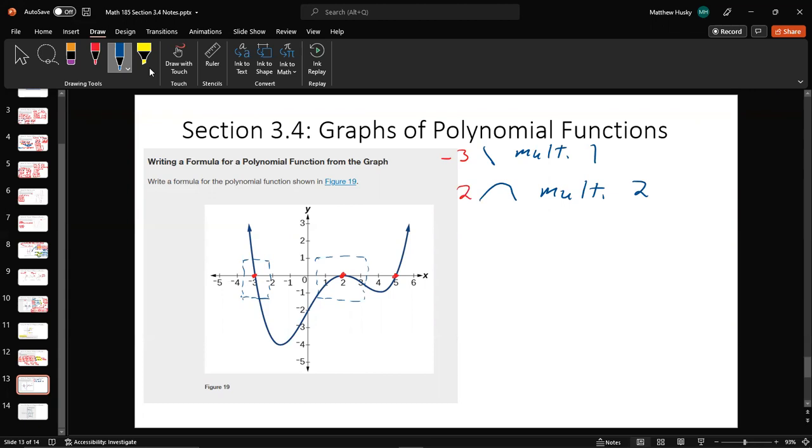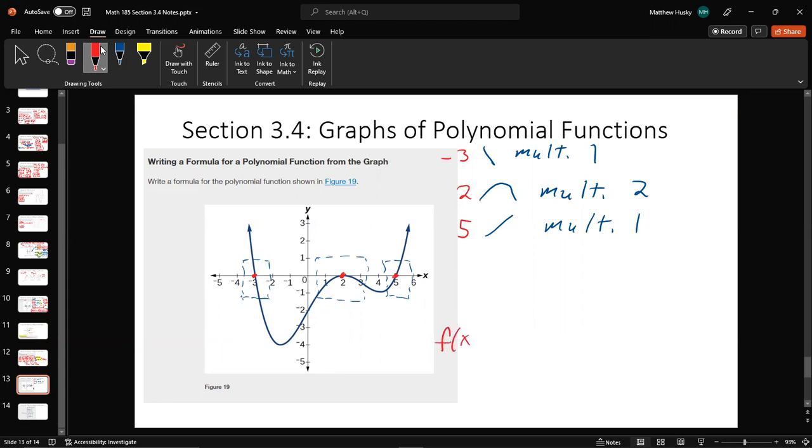And then if we zoom in on the one at 5, that also looks line-esque, which suggests that this has a multiplicity of 1 as well. So then all of these numbers are going to do a switcheroo.